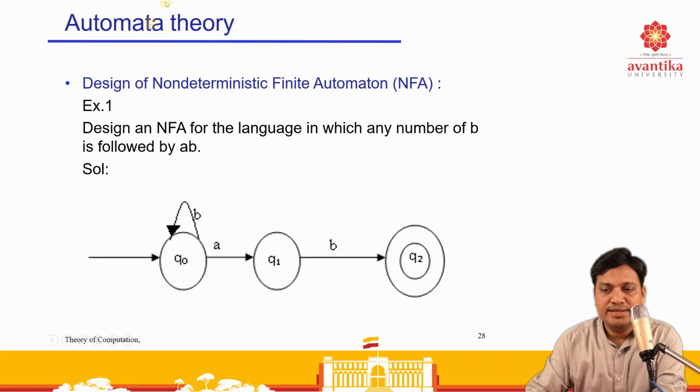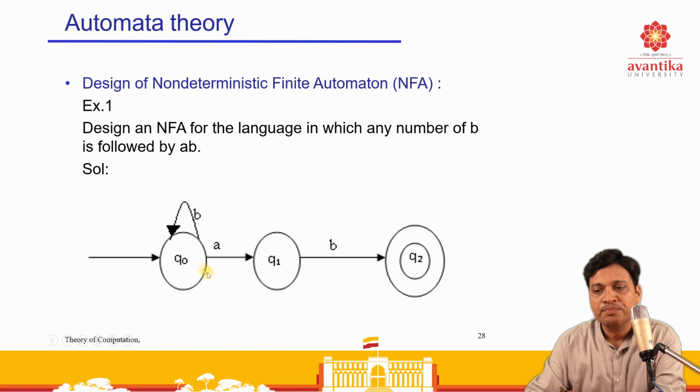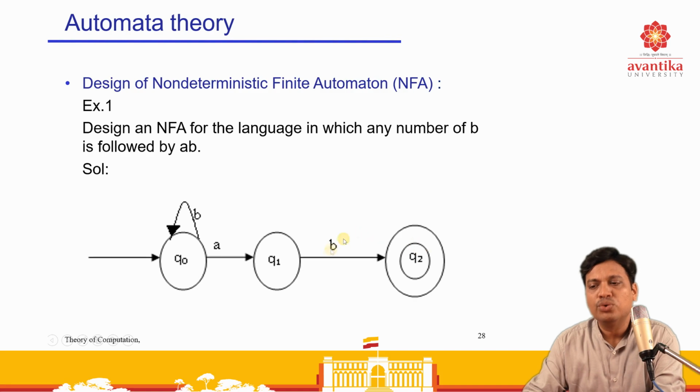So see the example, B is the self loop, meaning it accepts any number of B's, and then accepts AB. Just a single transition from Q0 to Q1 on A and Q1 to Q2 on B. There is no restriction to cover the transition A in Q1 or transitions A and B in Q2. That is called an NFA.